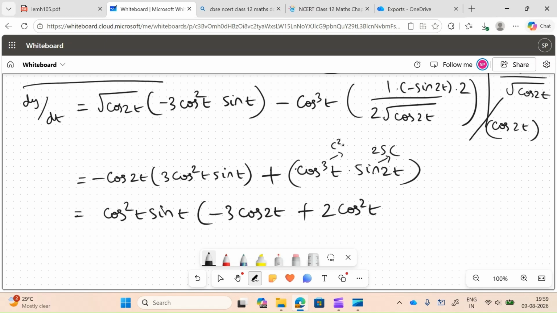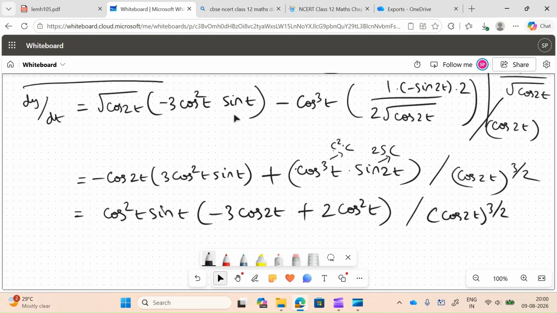Same thing, cos square times cos, right? So cos square sin you have taken outside, so you will remain with 2 cos square t, right? So you will have this cos 2t power 3 by 2, same thing, cos 2t power 3 by 2.